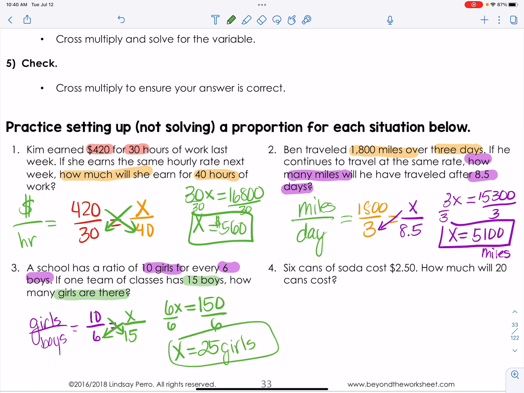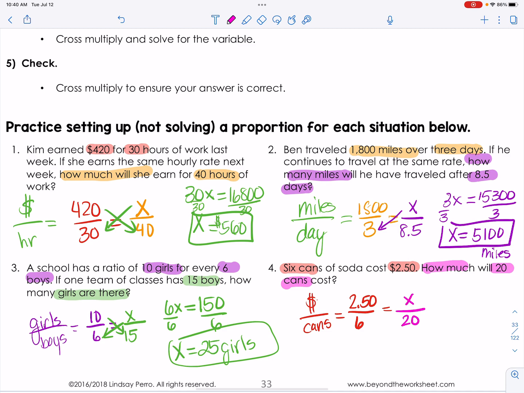Okay. So on the next one, this one's a little easier because you're talking money. 6 cans of soda cost $2.50. How much will 20 cans cost? So that means that I know there's 20 cans.